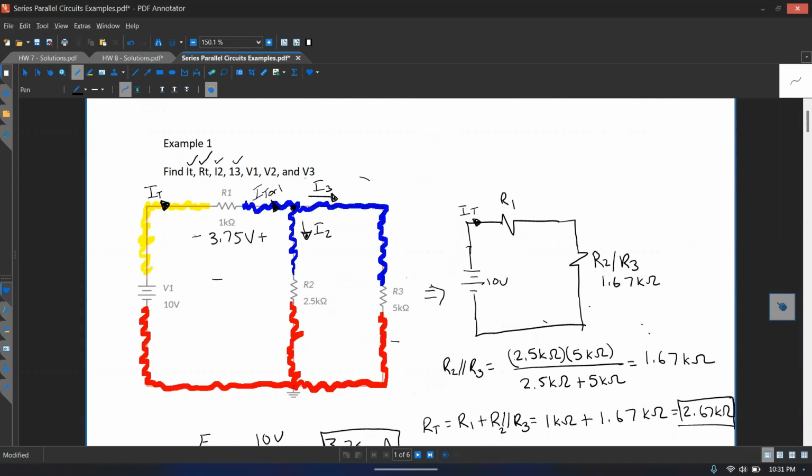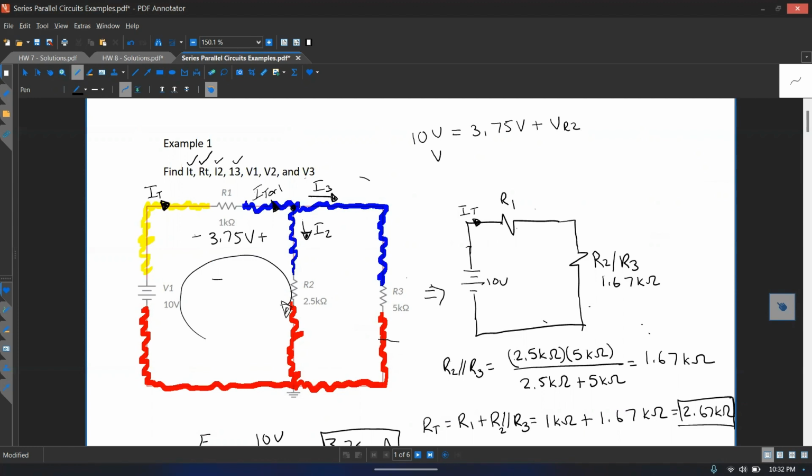If we do a KVL around this inside loop right here, we'll say that 10 volts equals 3.75 volts plus whatever VR2 is.